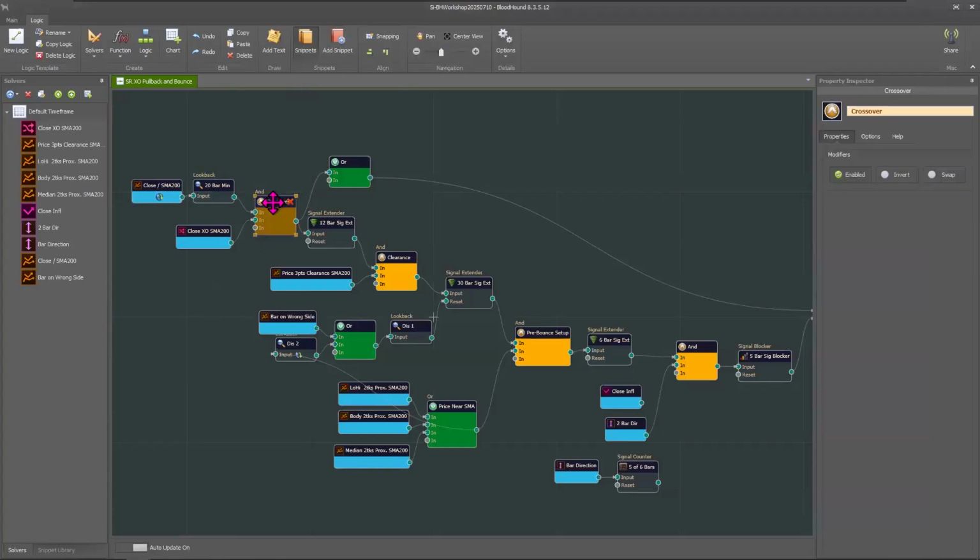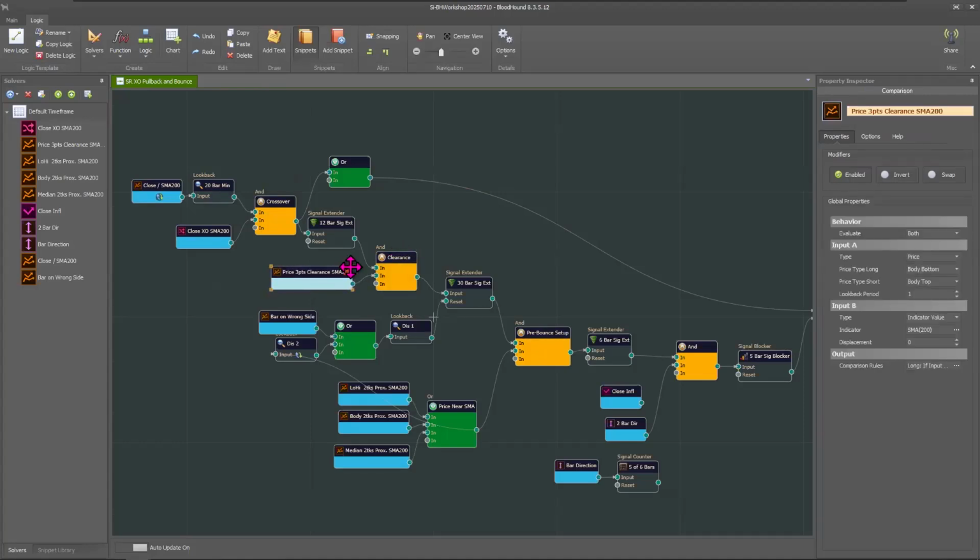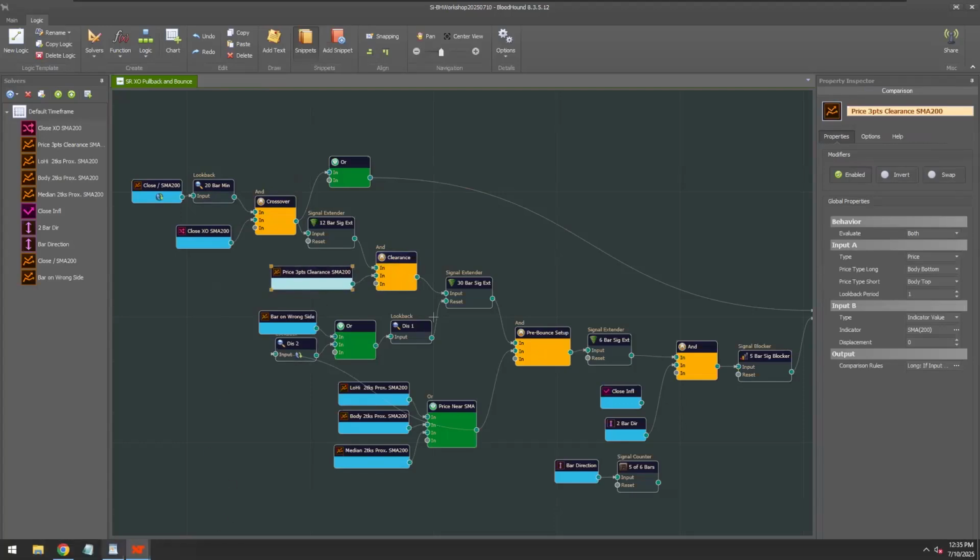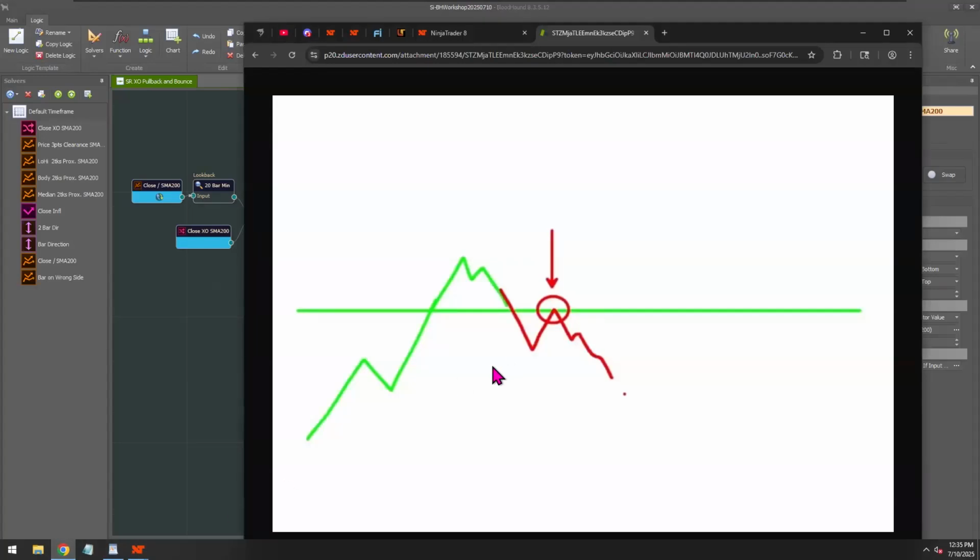So that's kind of condition number 1. And then condition number 2, here's the clearance. So this guy here is making sure that we have a minimum clearance.